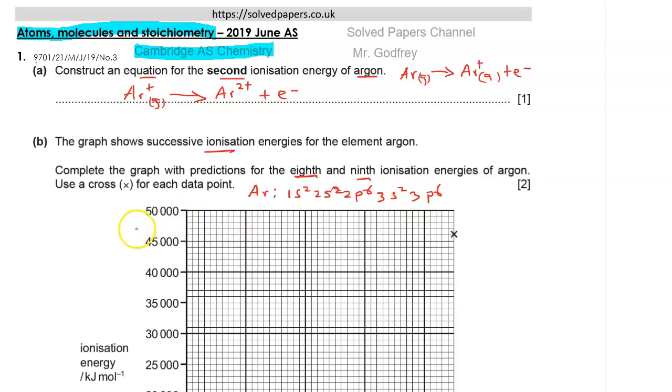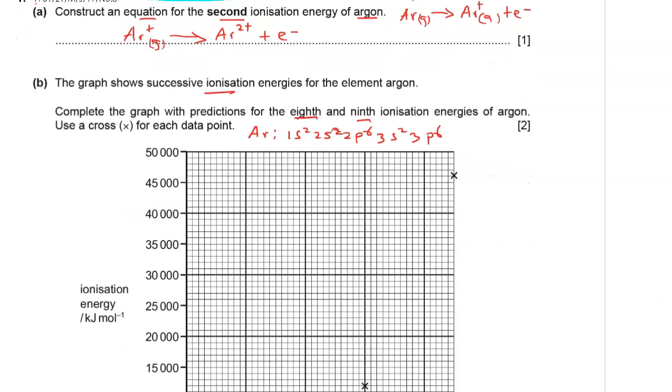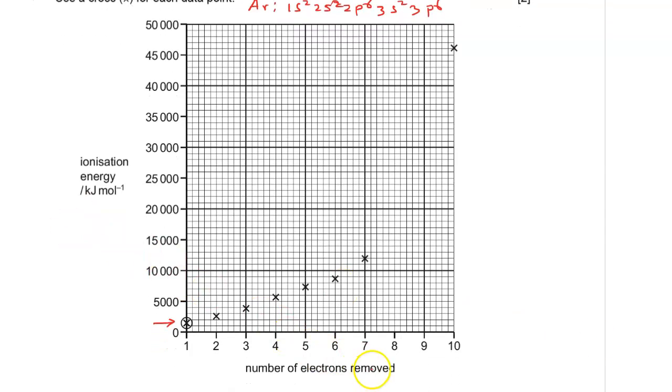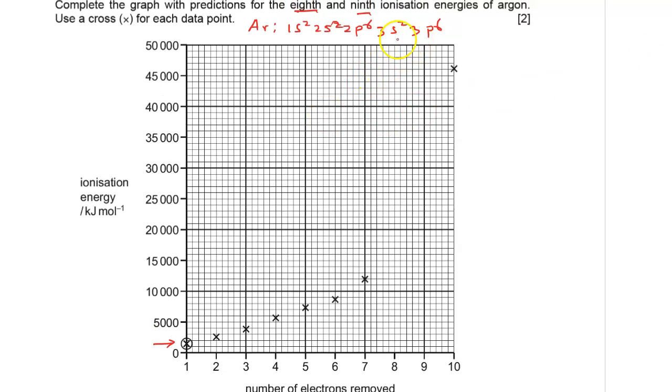3p6. So the graph here shows us the number of electrons on the x-axis and the ionization energy on the y-axis. You can see there are 1, 2, 3, 4, 5, 6, 7 electrons plotted here, and from our electron configuration, we can see 6 electrons are removed from the 3p orbital and 1 electron from the 3s orbital.